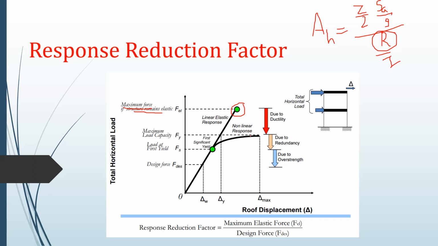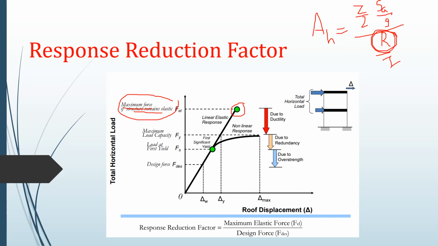And this non-linear response is due to different properties and characteristics of our analysis models and of our structure. This characteristic of our structure that allows us to design our structure for a lesser load as compared to this maximum elastic force, that factor is called the response reduction factor, or R.